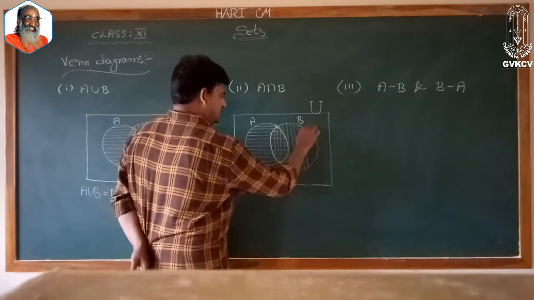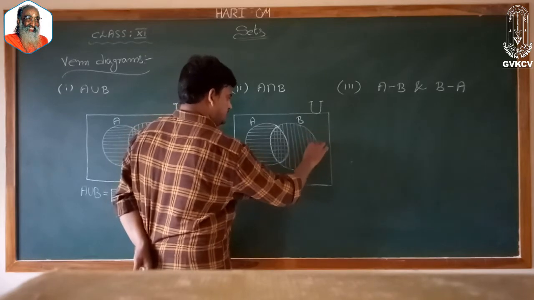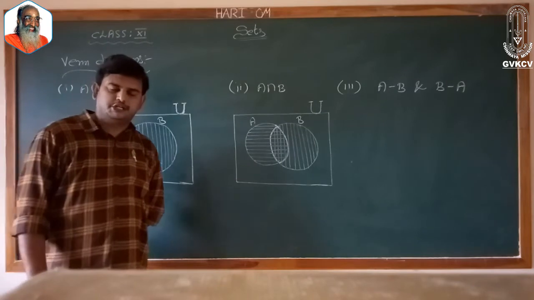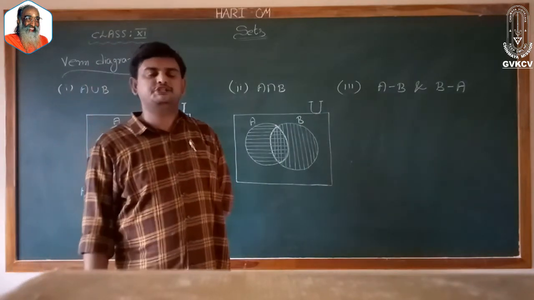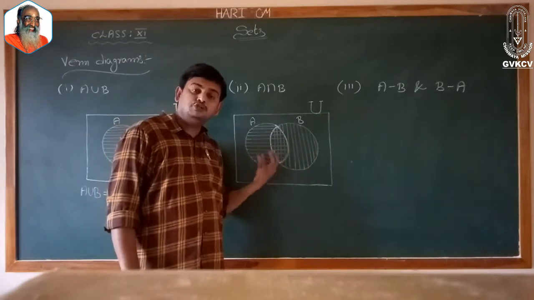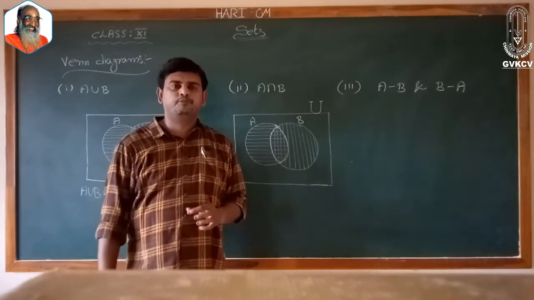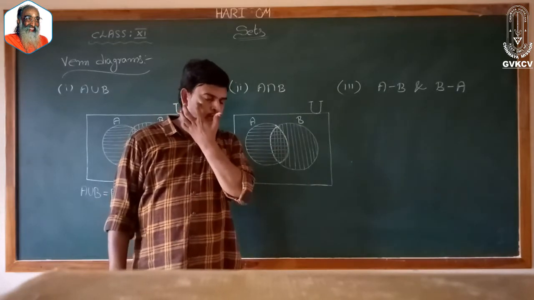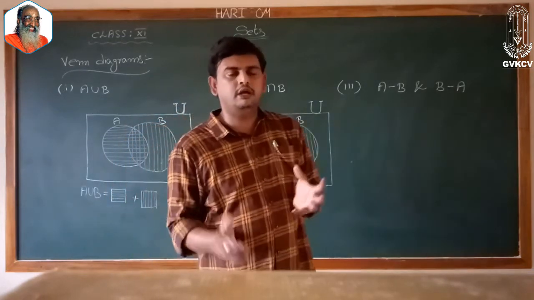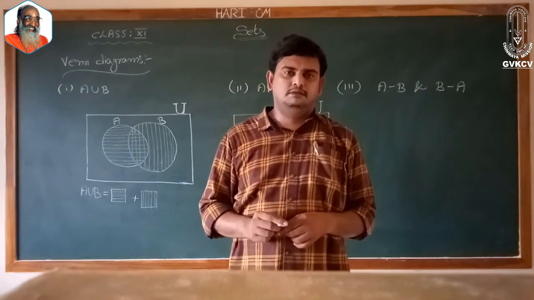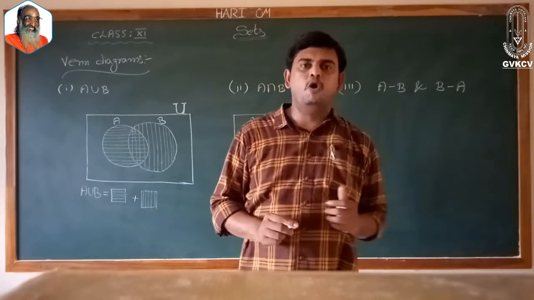So we have horizontal lines and vertical lines. Now intersection, as I told you, means where the horizontal and vertical lines are together. Wherever horizontal and vertical lines are together, there we have the boxes.